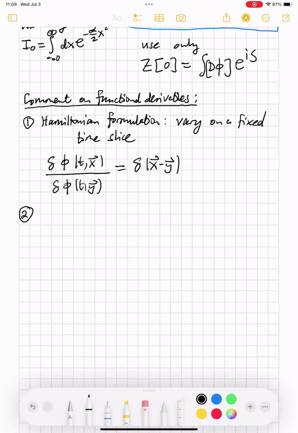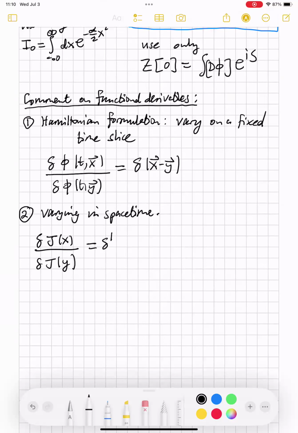Now we are varying in space-time. I haven't restricted myself to a time slice, so I'm really varying functions that depend on t and x. They're allowed to have a non-trivial variation in t, and I change t when I do the variation. So now if I calculate delta j of x, delta j of y, this will actually be a four-dimensional delta function.